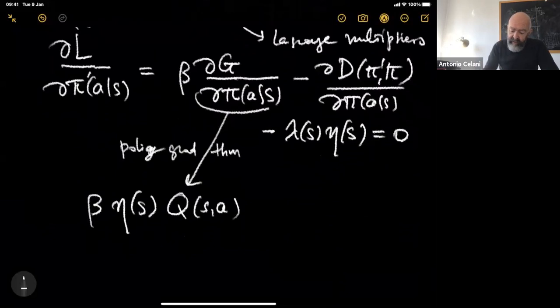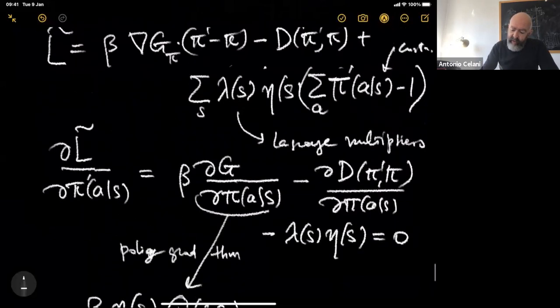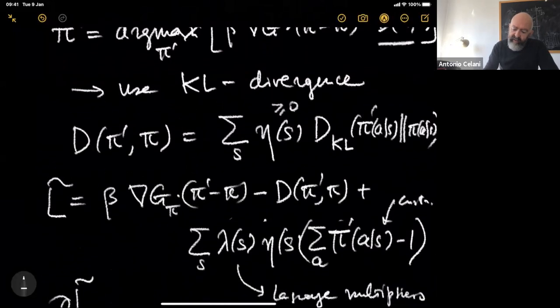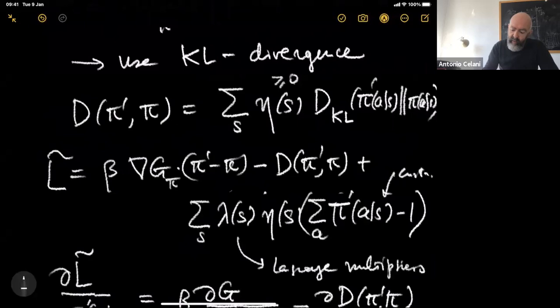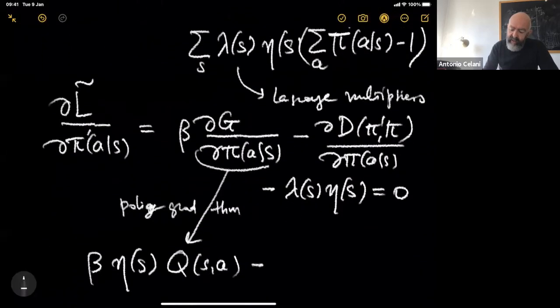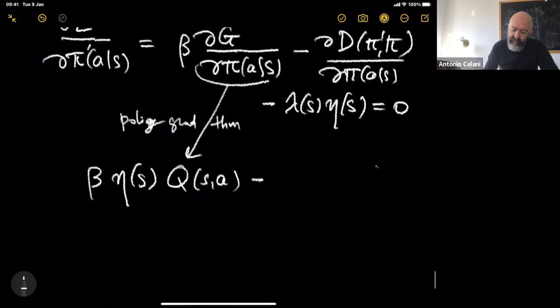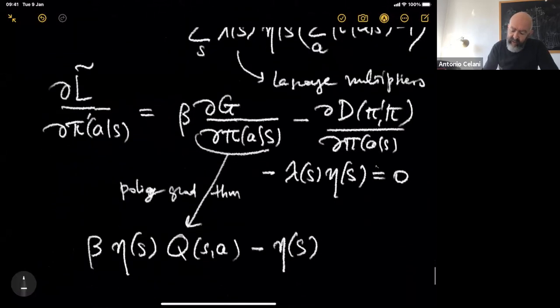So what about the derivative with respect to pi prime a s? Okay, first thing, we are deriving with respect to the index s in the policy, so the sum over s goes away, and we are left with minus eta of s, and then we have to take d pi prime a s of the Kullback-Leibler divergence between pi prime s and pi s.